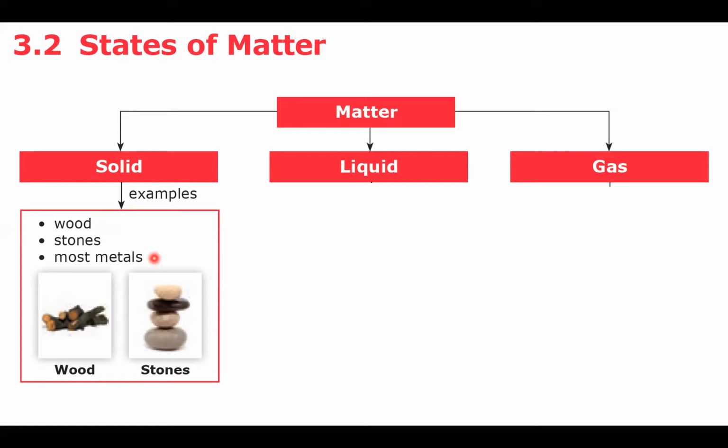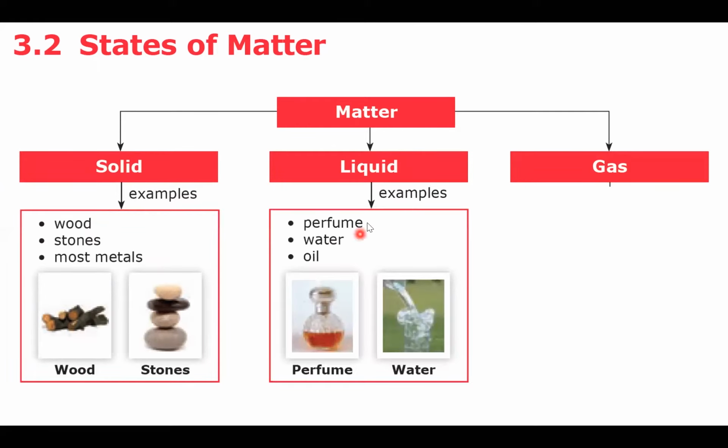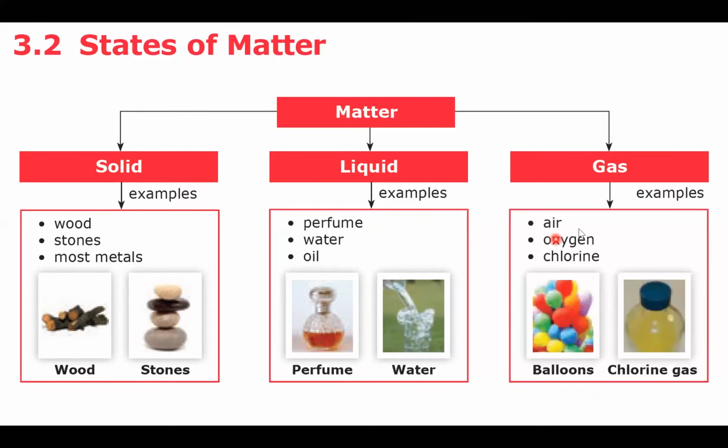What are examples of liquids? Liquids are perfume, water, oil, so anything cecair that is what we think of as liquid. What are gases? Gases are air, oxygen, chlorine, nitrogen gas, carbon dioxide gas, and so on. Even your breath is made out of air, which is a type of gas.